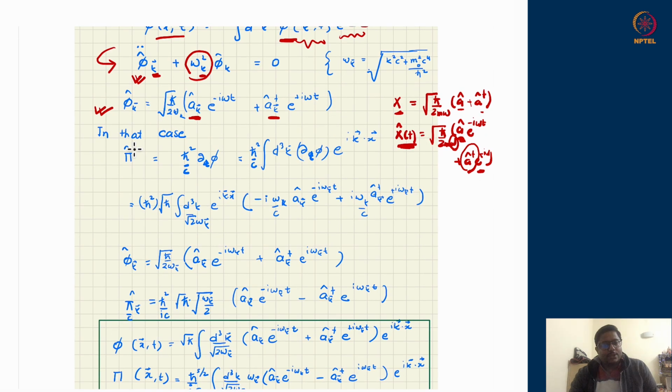Now let us write down the pi corresponding to it, the conjugate momenta pi. From the new definition as we have seen, this is just phi dot times h square by c. Previously it was h square times phi dot because of our usage of del 0 phi as the conjugate variable to be traded off. But now we have just rescaled the c in, and therefore I have this definition.